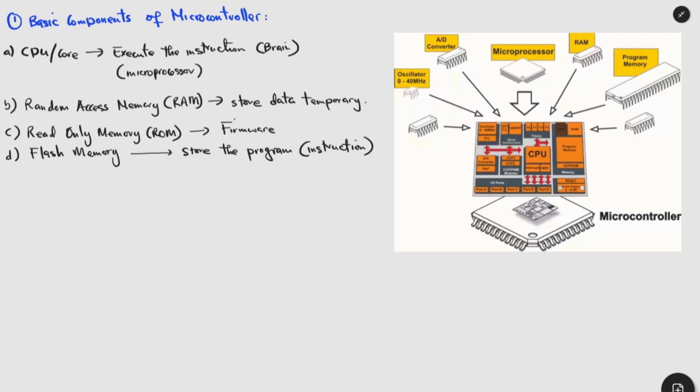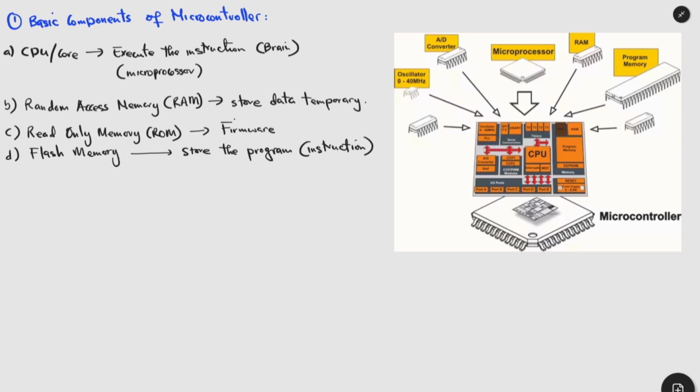If you want this particular microcontroller to perform a task, then you will program this microcontroller, and this program can be regarded as an instruction, where you are giving a certain instruction for a specific task to a microcontroller, and those instructions will be stored in the flash memory.